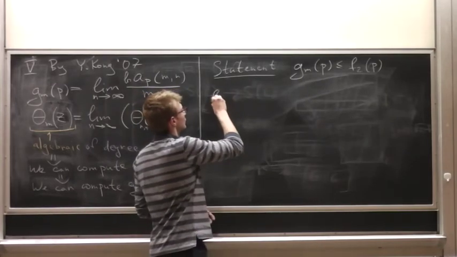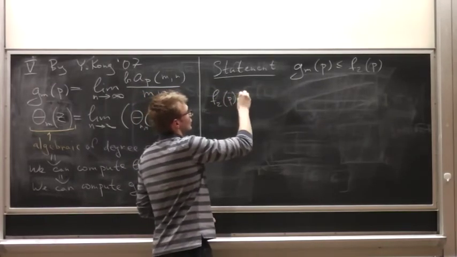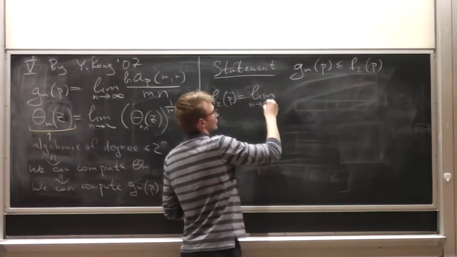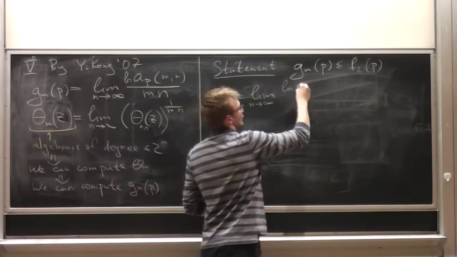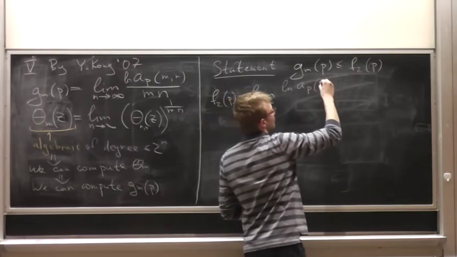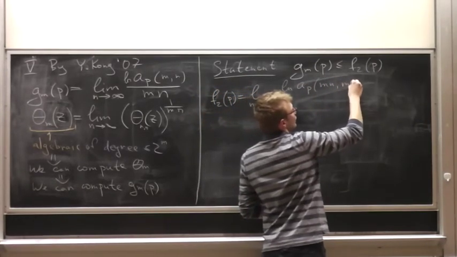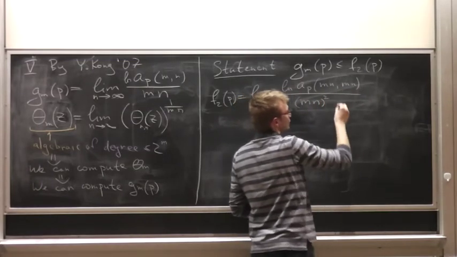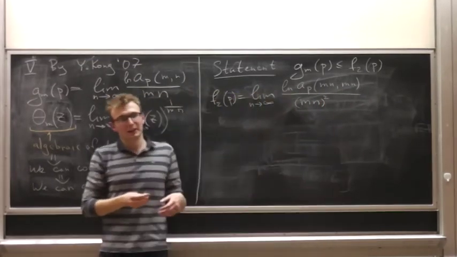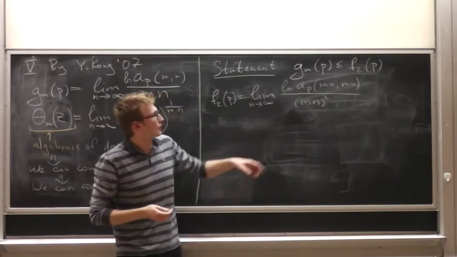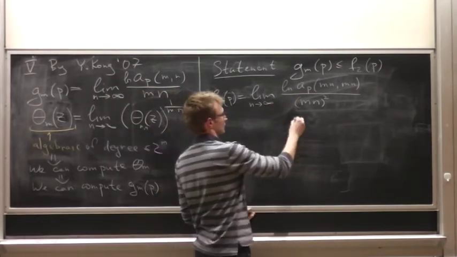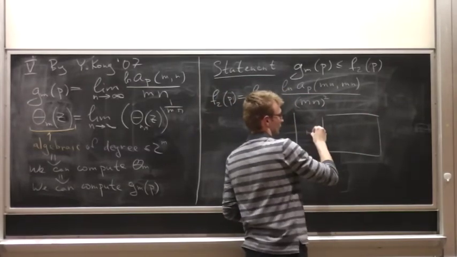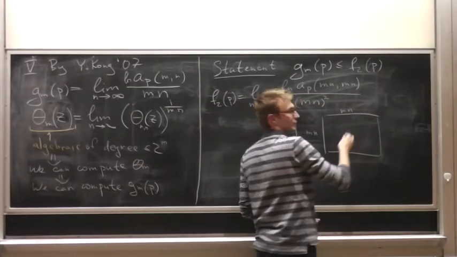F_2 of P, I can write it as a limit of a subsequence, of the number of tilings of n times n squared.